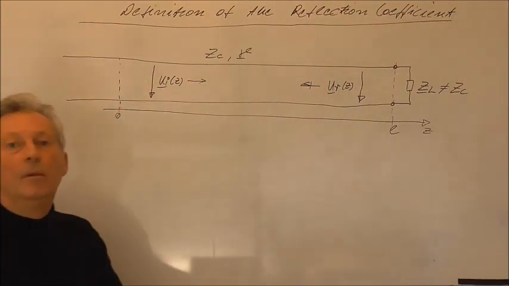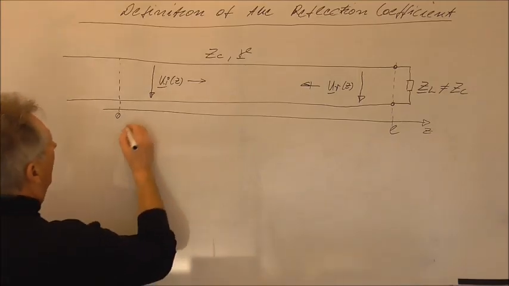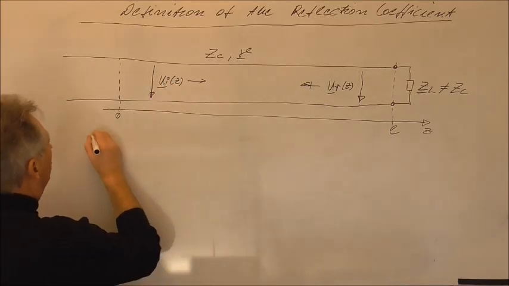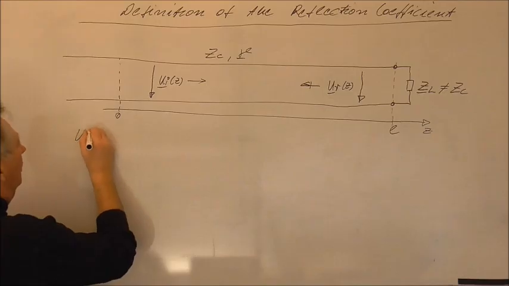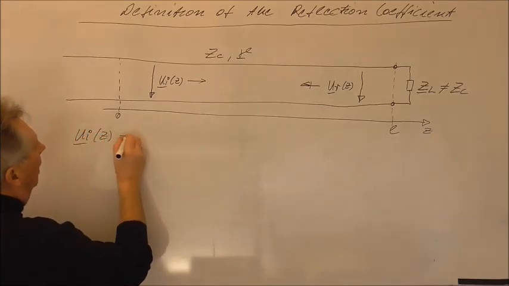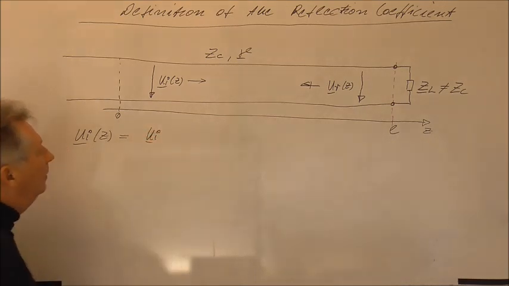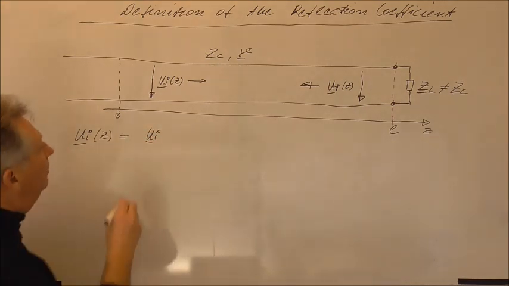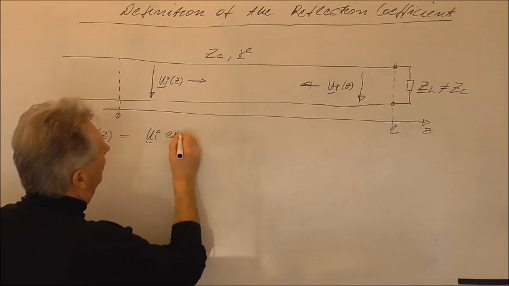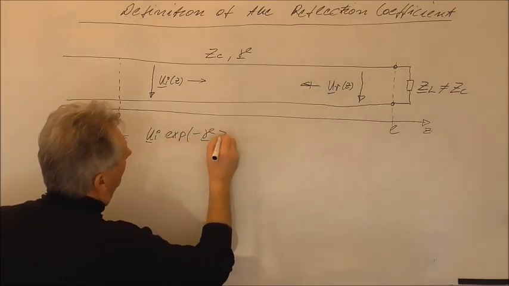And we know from our general theory that we can describe UE of z, the incident wave, as a constant I will also call UE, but the functional dependence will be given by the exponential function of minus gamma times z.